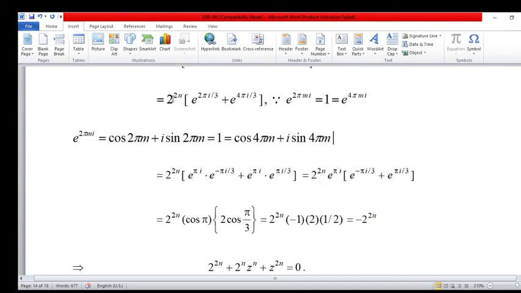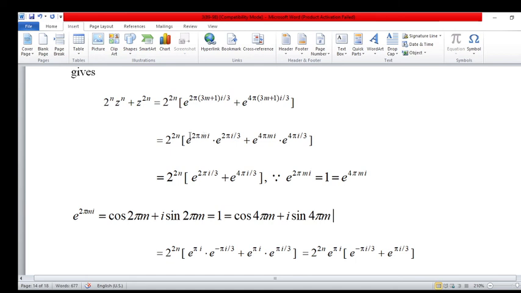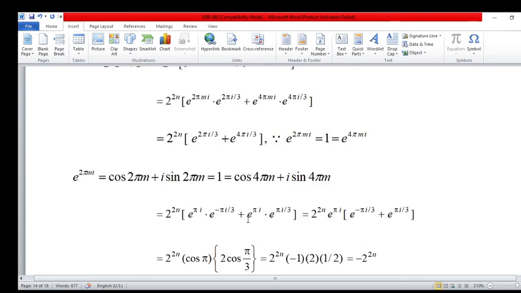Now this is the 2 raised to the power twice n, and the value of this part and this part is equal to 1. We have remaining part e raised to the power twice pi i by 3, and here e raised to the power 4 pi i by 3. Again e raised to the power, this is break into two parts.